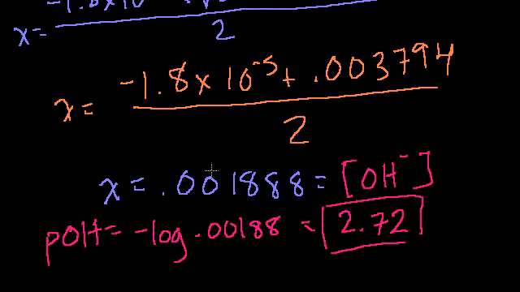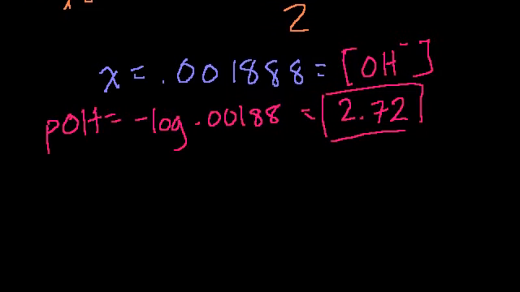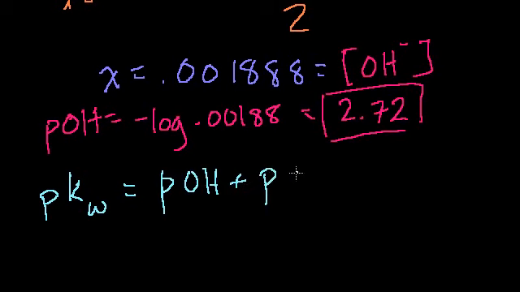And now if we want to figure out the pH, so how much my concentration of hydrogen ions, just remember when you're in an aqueous solution at 25 degrees Celsius, your pK of water is equal to your pOH plus your pH. This at 25 degrees is 14, because you have 10 to the minus 14 molar concentration.